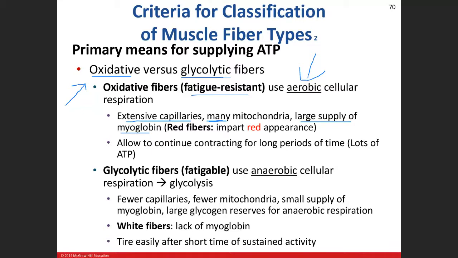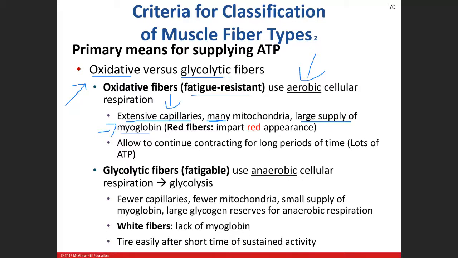Remember what I said last class, it's the myoglobin that gives muscle its red appearance. So the more myoglobin, the more red the muscle tissue will appear. But also because it has many capillaries.